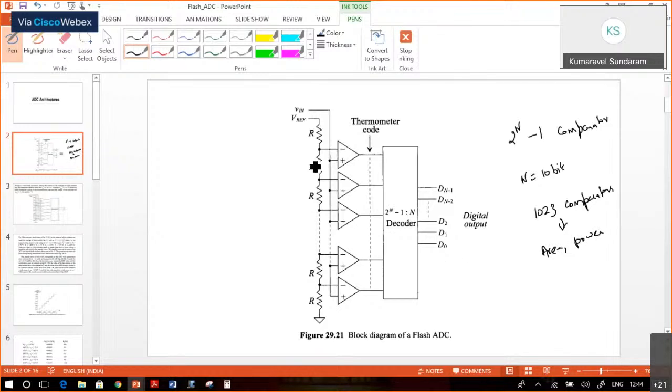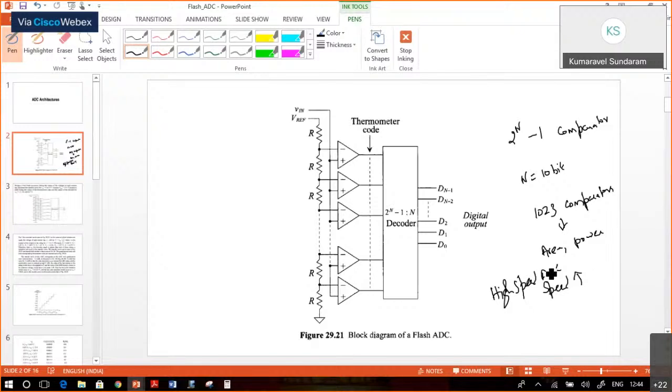Whereas for speed, all the comparators work simultaneously, so speed will be very high. The conversion happens in a single instant of time.